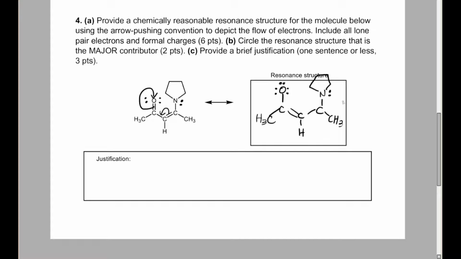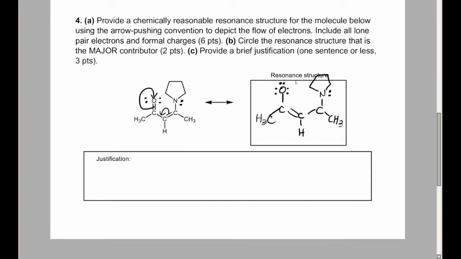If you remember from Gen Chem, there's an easy way to do this. We just take the number of valence electrons the atom should have, and then minus the number of lone pair electrons it has, and then minus the amount of bonds it forms. So let's start with oxygen.